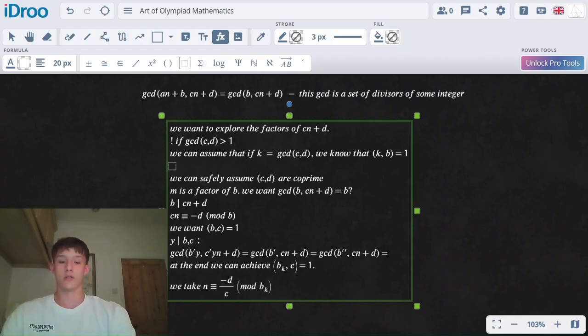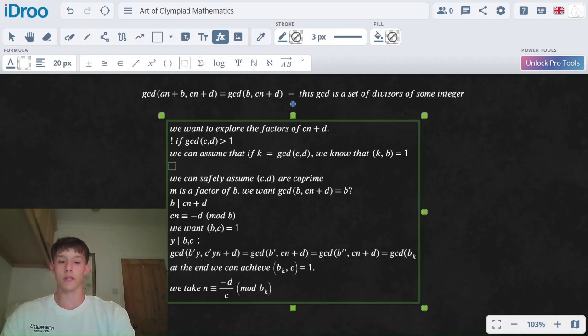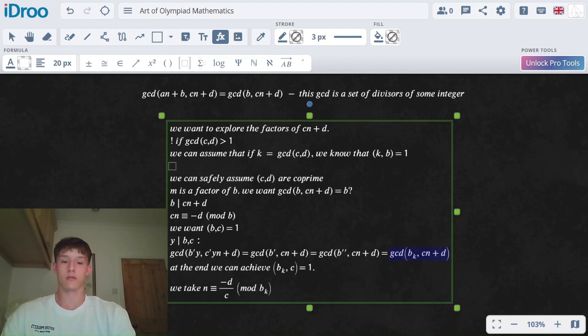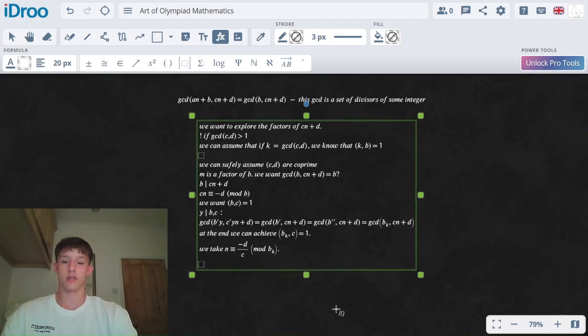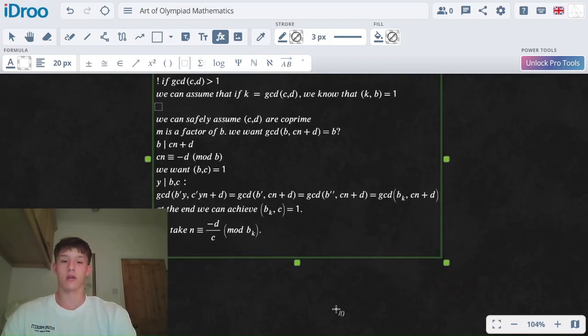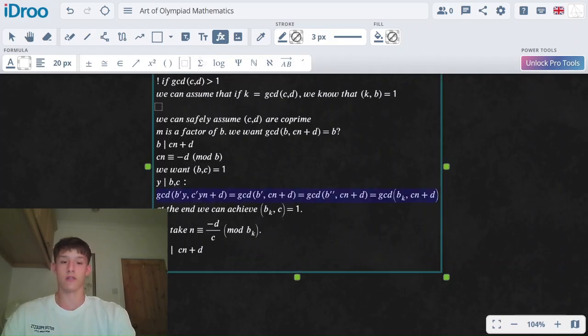We do know that this GCD is equal to the GCD of bk and Cn plus d, so we're just exploring factors of this. With n equal to minus d over c mod bk, we essentially get that bk divides Cn plus d. So the GCD of this thing is divisible by bk, but now we want to achieve that Cn plus d is not divisible by anything more.